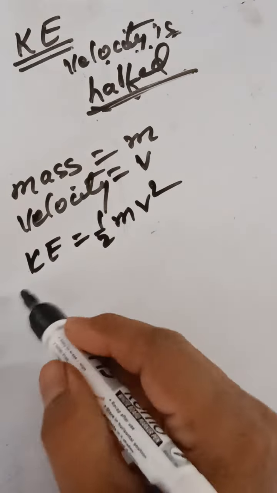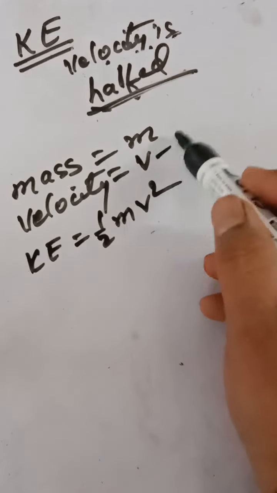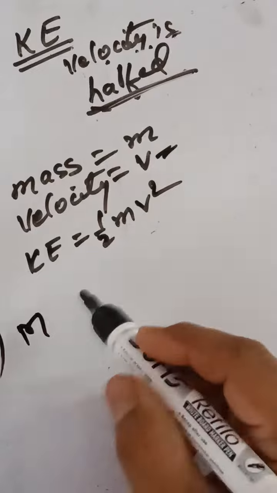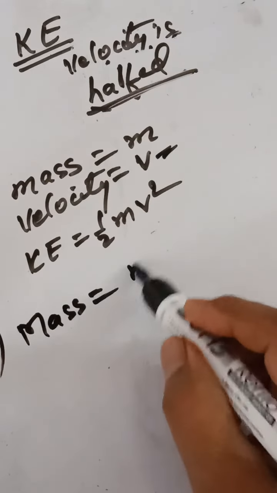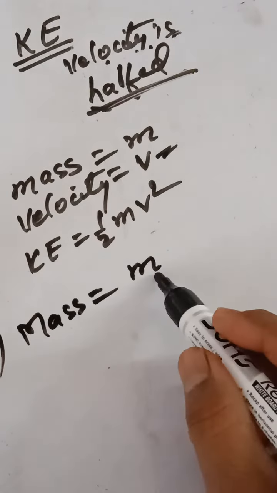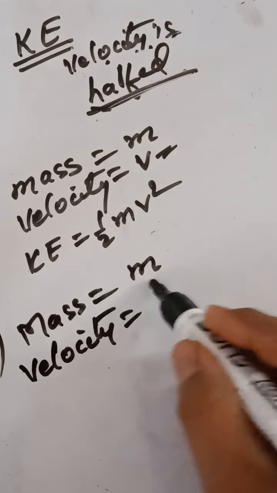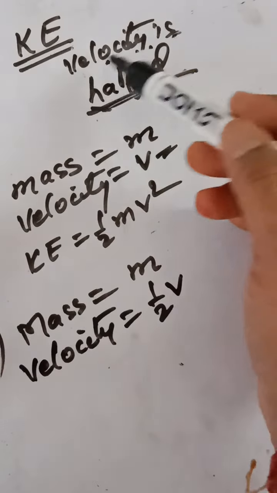Now we will take velocity as half v. In the next case the mass is m; we don't have to change the mass. Velocity we will take as half v, as it is given.